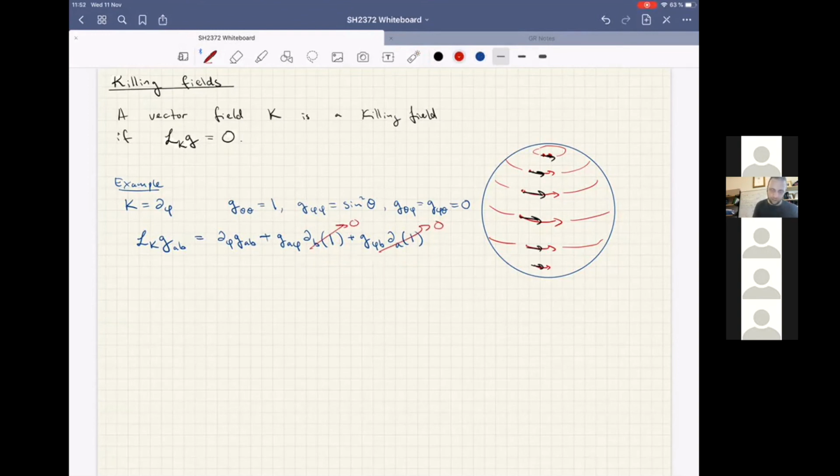And if we look at the metric components here, g_AB, well, none of these components depend on φ. So all of these derivatives are also 0, which means that regardless of what I put A and B to, this is going to be 0. And I obtain that this vector field K is indeed a Killing field.